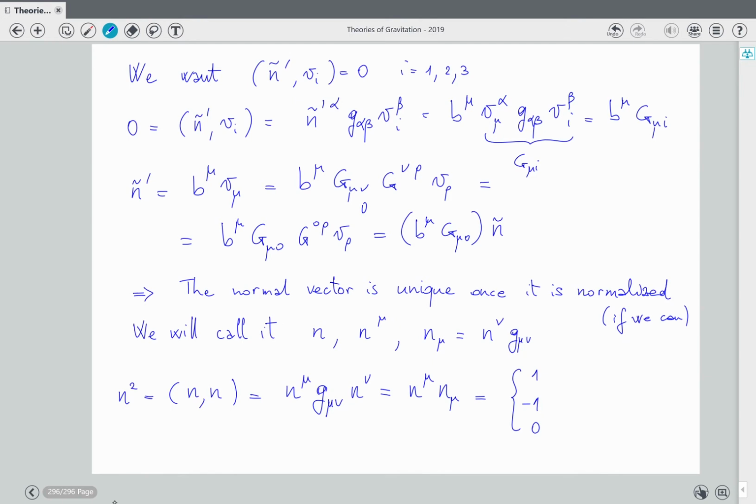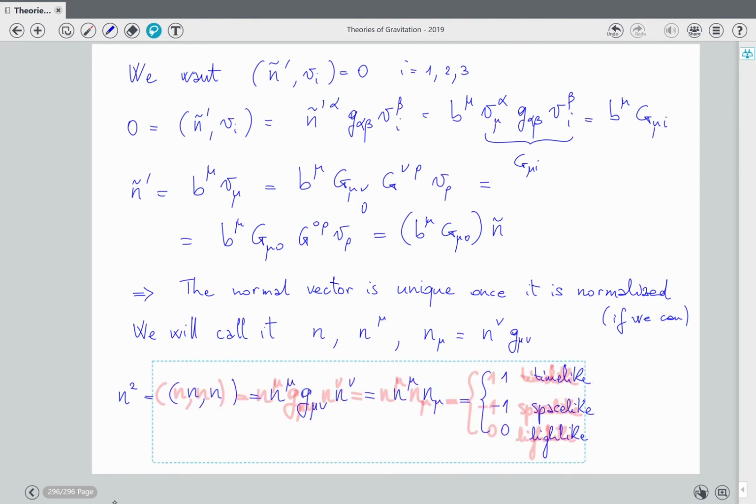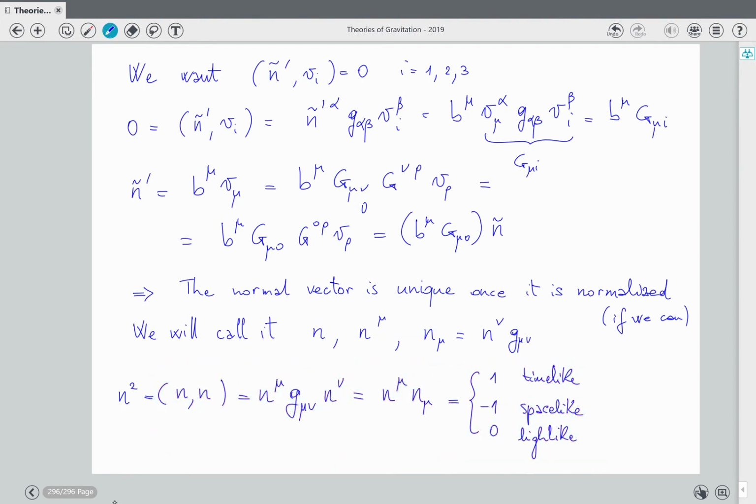So in the first case, n squared equal 1 is time-like. The second case, it is space-like. And the third case, it is light-like. This is the normal. So we will say that the surface, in the first case, is space-like.